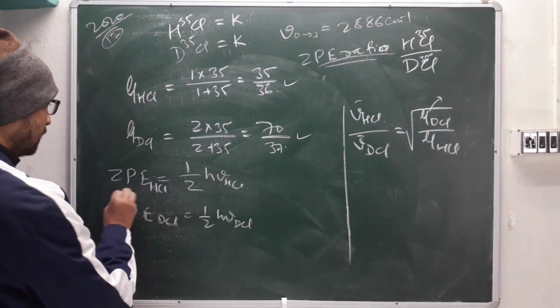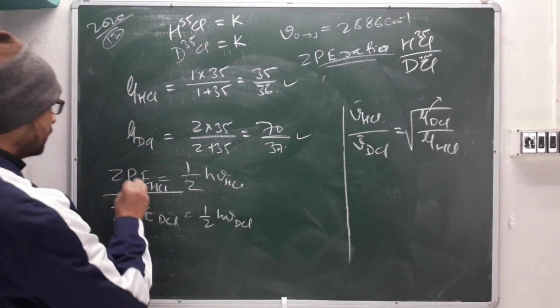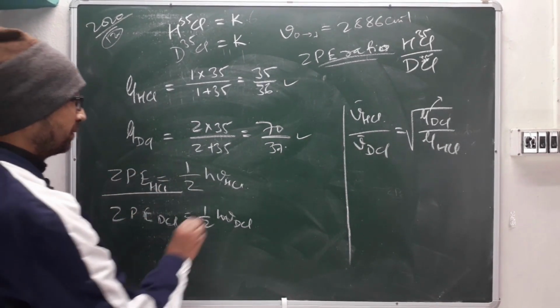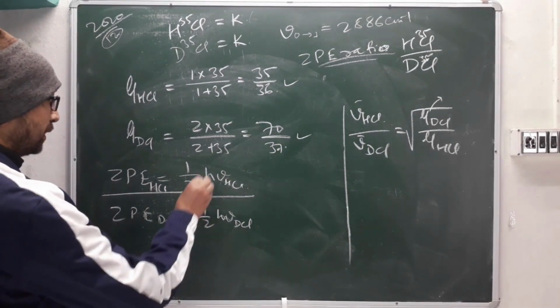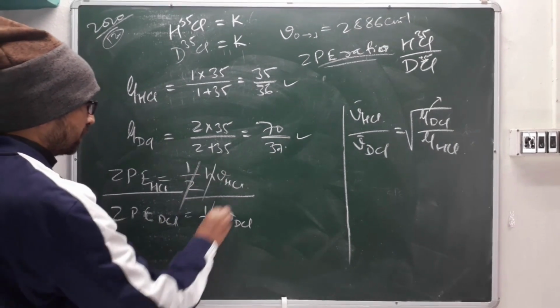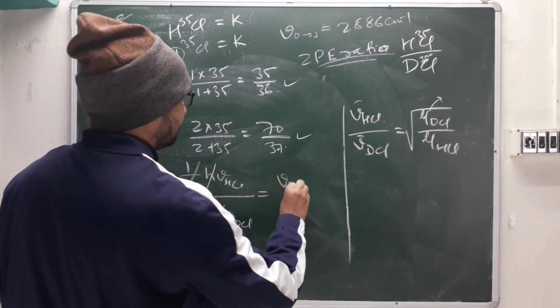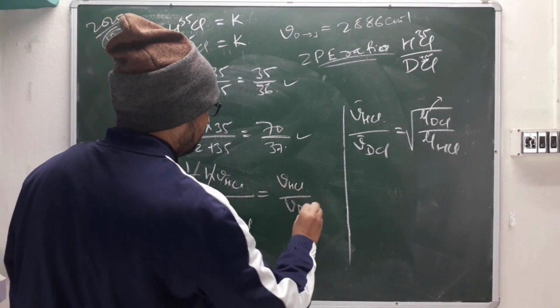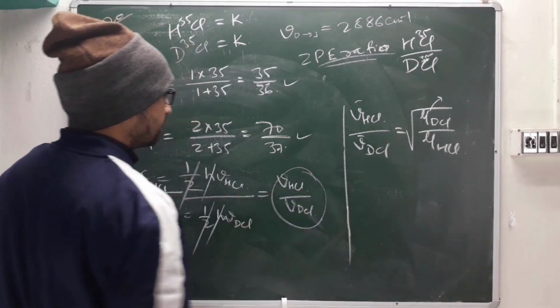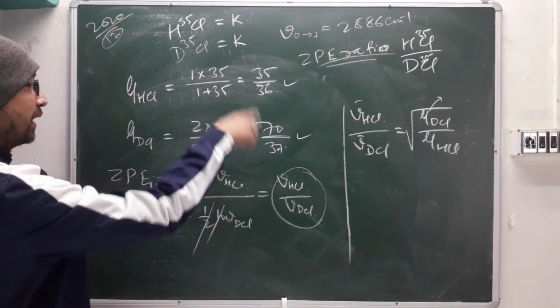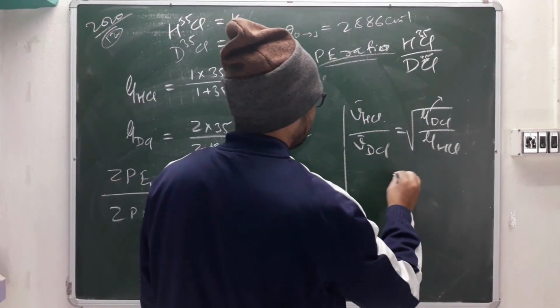Now find the ratio. The zero point energy of HCl divided by DCl, the common factor gets cancelled out, so again this formula has come. Just put this value into this formula.